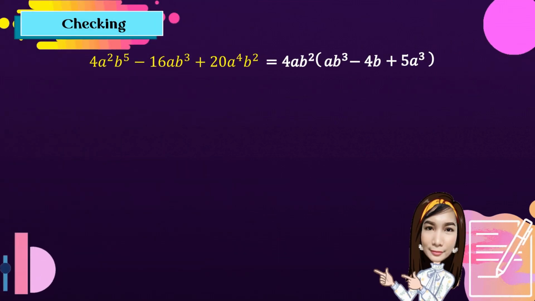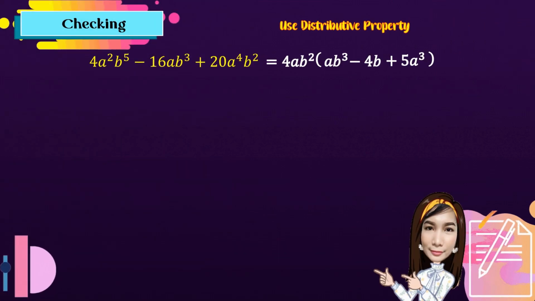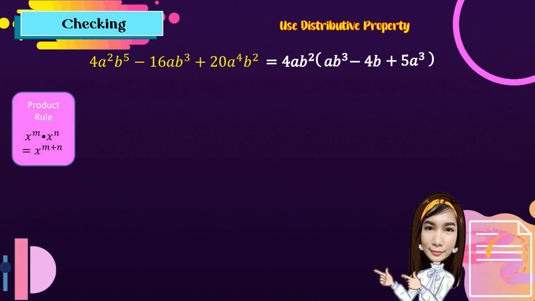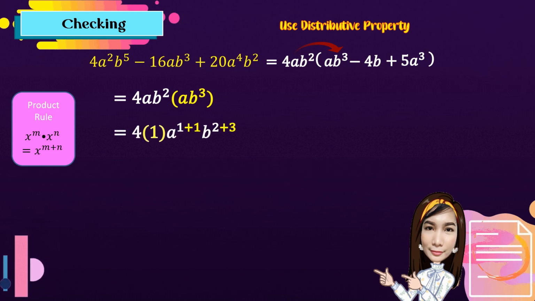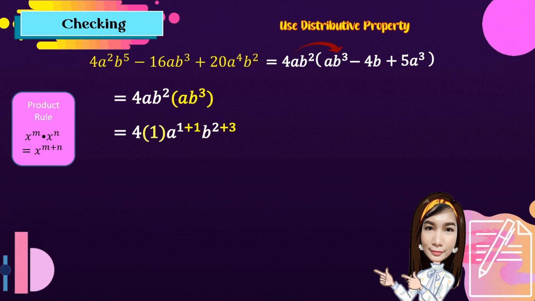Now to check if your answer is correct, let's use the distributive property. We can apply the product rule. If we have the same base, we just add the exponent. Now let's multiply the common monomial factor 4ab squared to the first term. So we have 4ab squared times the quantity ab cubed. Next, we're going to multiply the numerical coefficient 4 times 1.